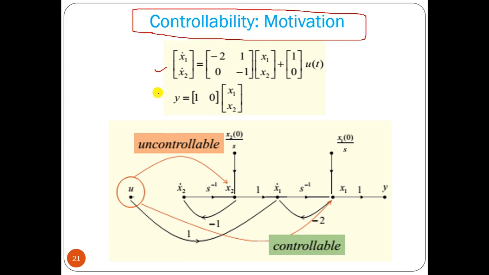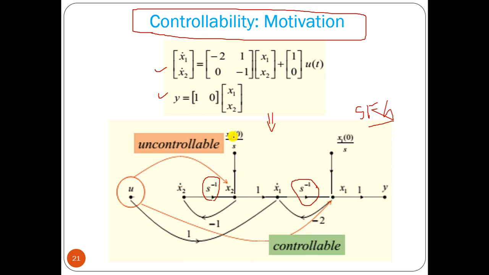So this is the state space equation, and from that, this is the block diagram, the signal flow graph that is drawn. This is very easy to see. We have this x1 variable, where s inverse means 1 by s. This is x1, and this is x1 dot before the integrator; this is x2, and this is x2 dot.